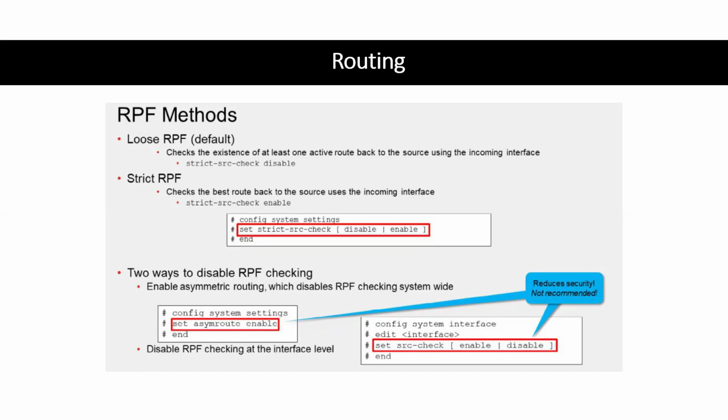As long as we have one path to the source, that's the minimum, and we're fine. Strict is going to say, I need the best link out of these two links to get back to the source. If it isn't the best one, it's going to fail the RPF check.